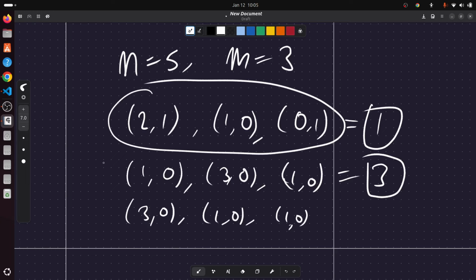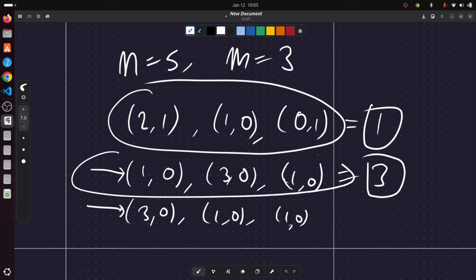I am not calling this way and this way similar. I am calling two ways similar only if I can swap the ai and bi. This would be similar to 1 0, 0 comma 3 and 1 comma 0. So if I have 1 comma 0, 0 comma 3, 1 comma 0, then I call them similar. But if the order is different, like in this one 3 0 was here, but in this one 3 0 is here, so I am counting them differently.